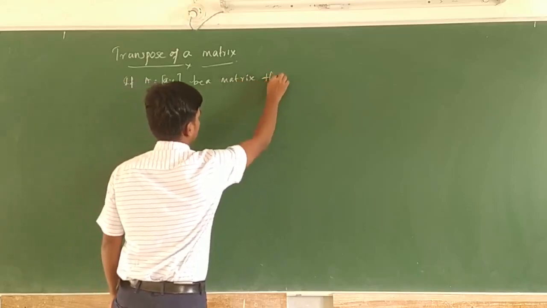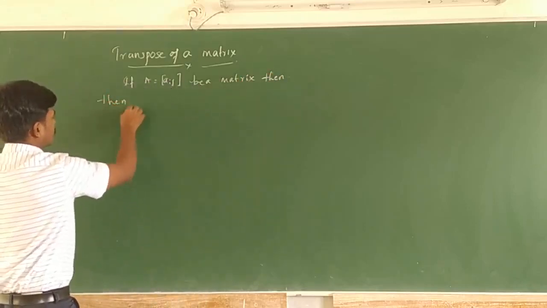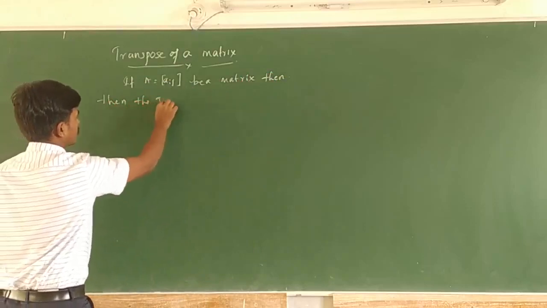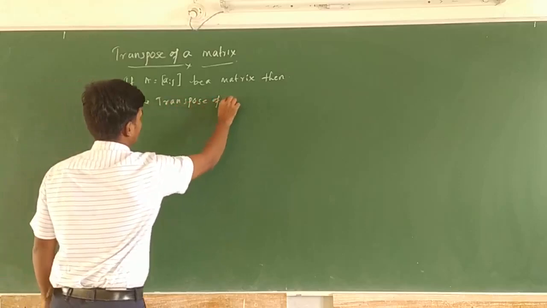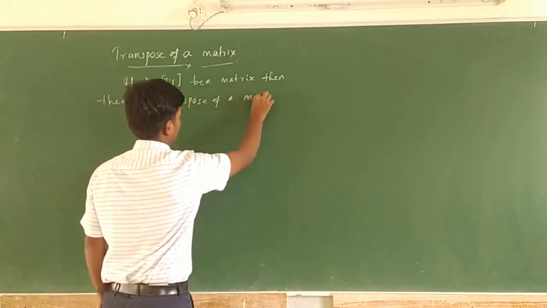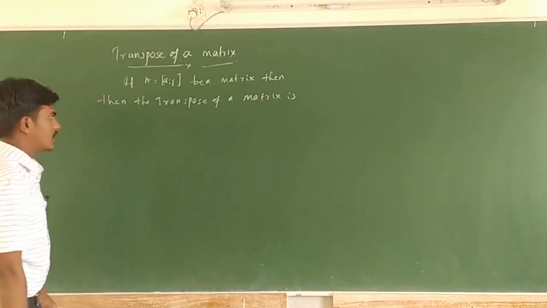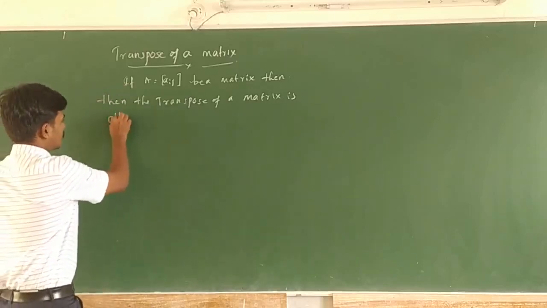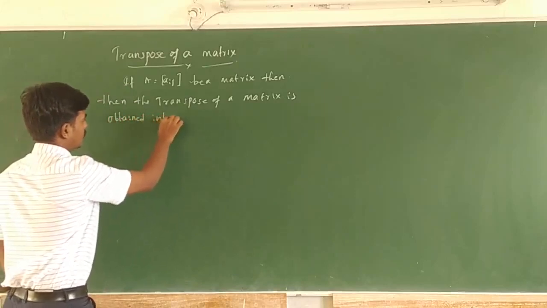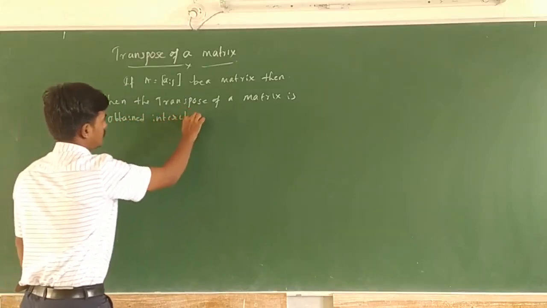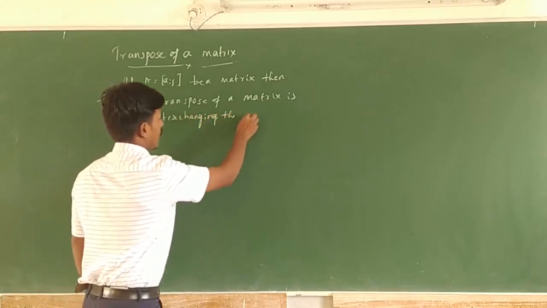Then the transpose of a matrix is obtained by interchanging the rows and columns.